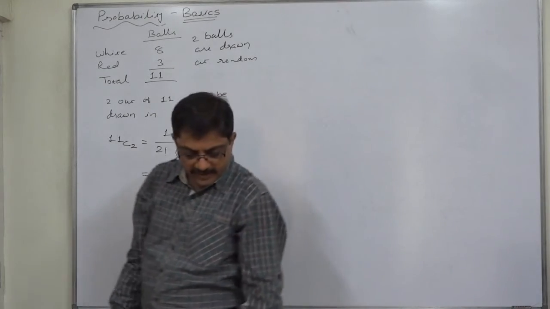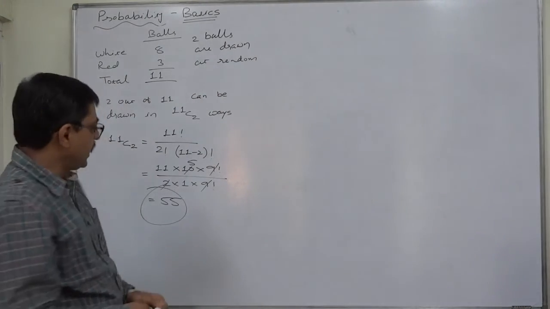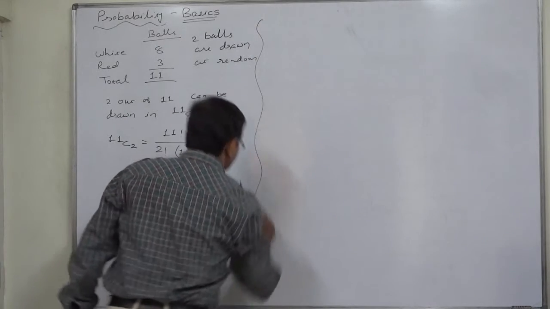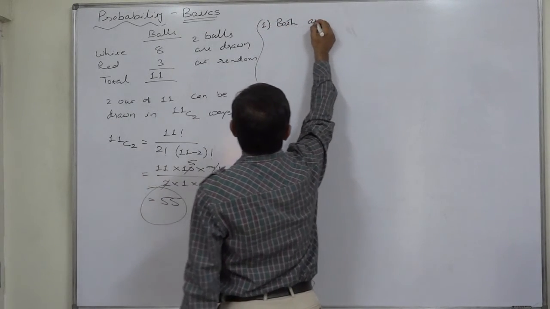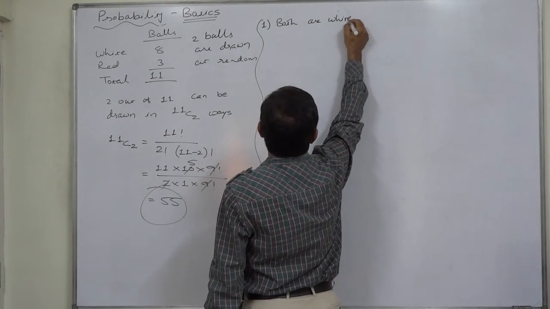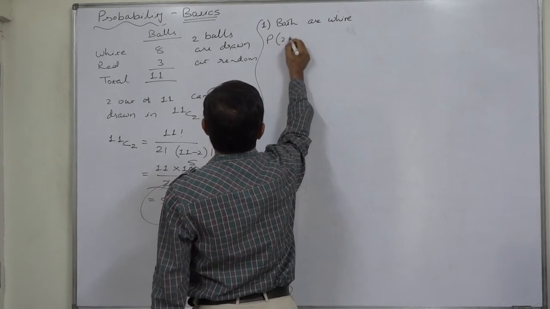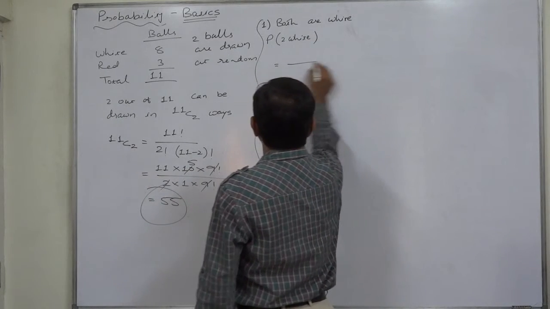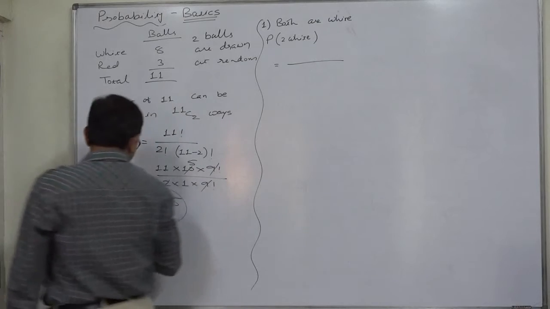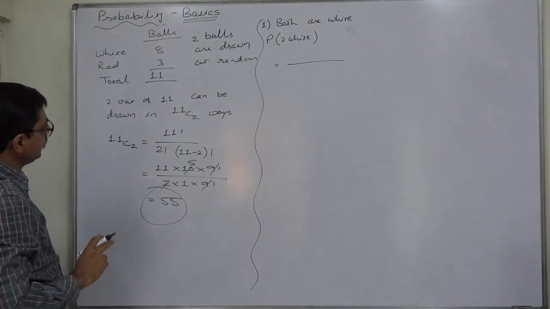Now the first event we are interested in is number 1, both are white. What will be the probability? Favorable outcomes divided by total number of outcomes, and total number of outcomes are 55.